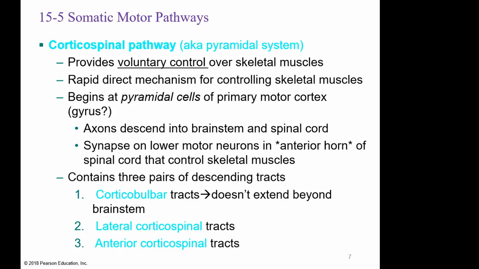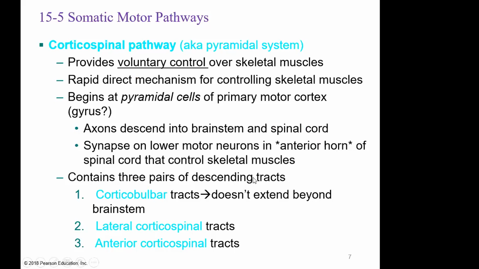Posterior is all the sensory. Anterior, somatic motor. So then what was the lateral gray horn? Visceral motor, exactly. So we're going to be synapsing in the anterior horn, okay?